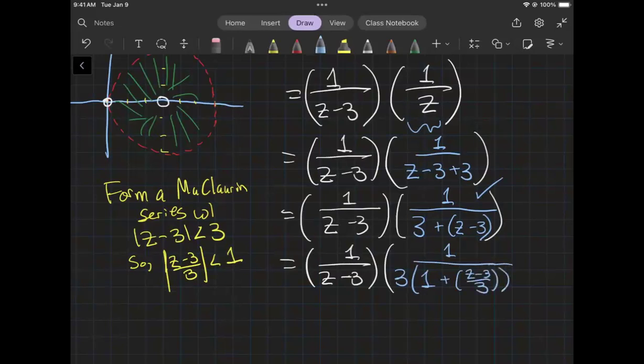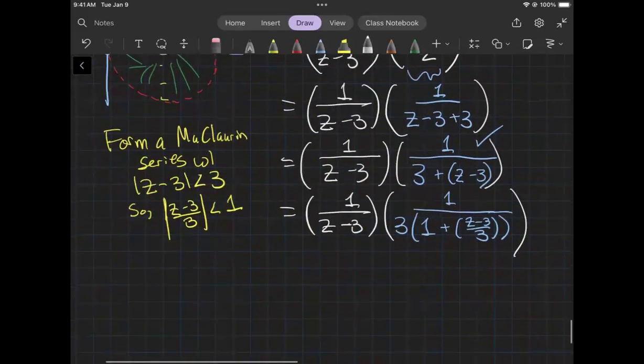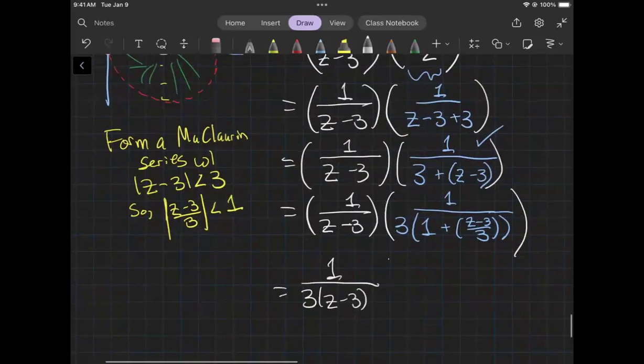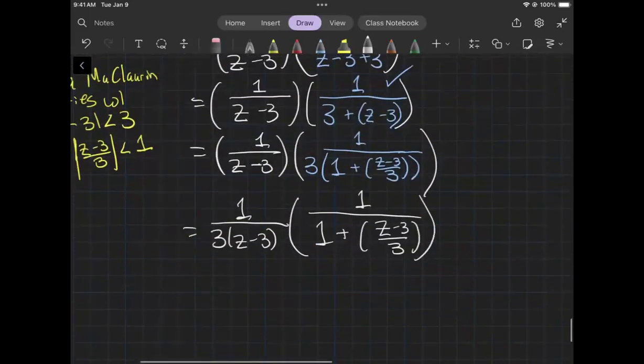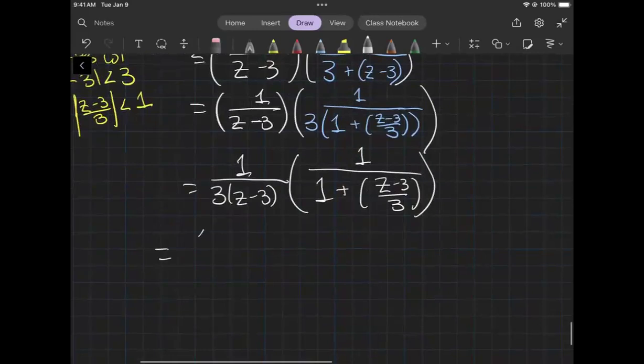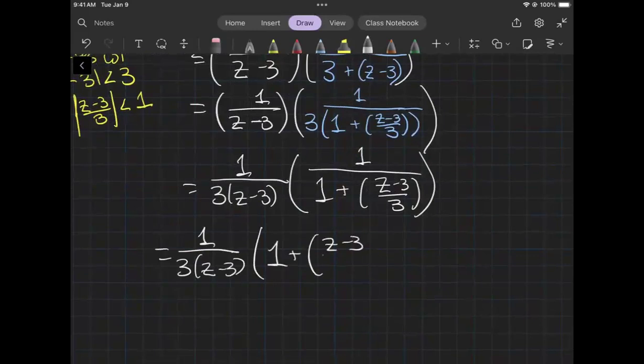Okay, then I will get my geometric series.